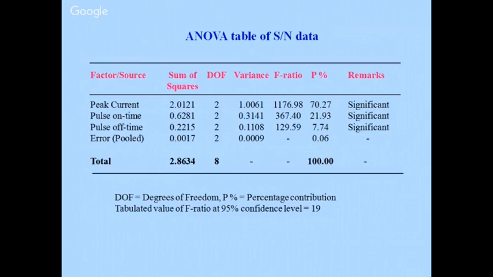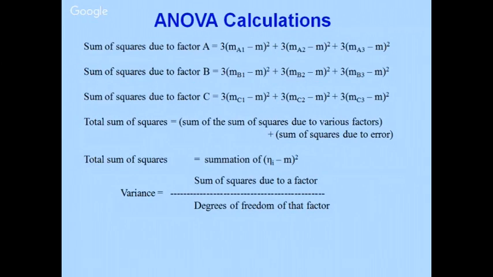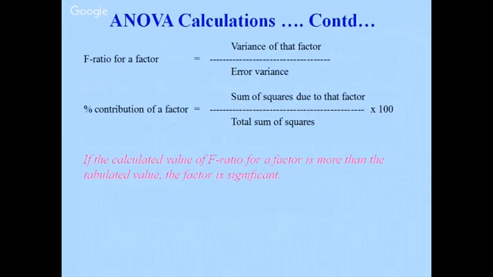And error, as I told you, is very less because this is not an actual experiment. An actual experiment may have 1%, 2%, something like that. If it is less than 5%, you can accept your results as satisfactory. Okay, these are the ANOVA calculations.